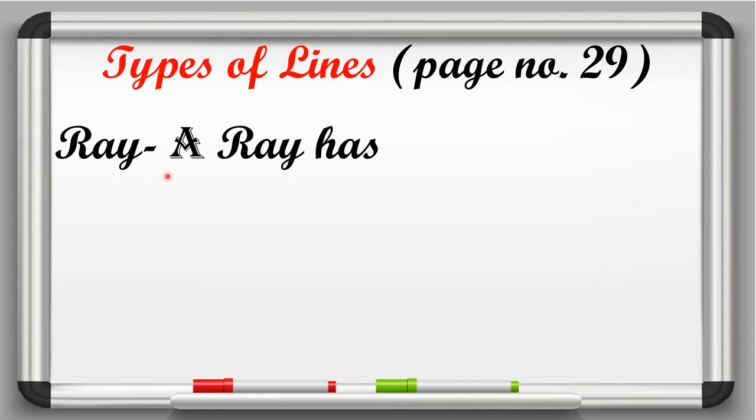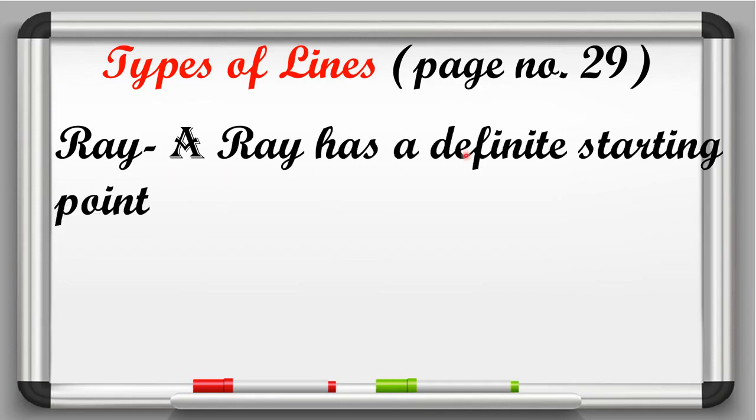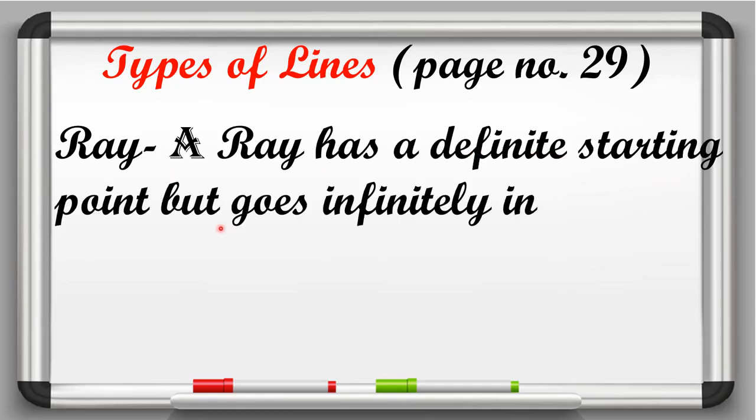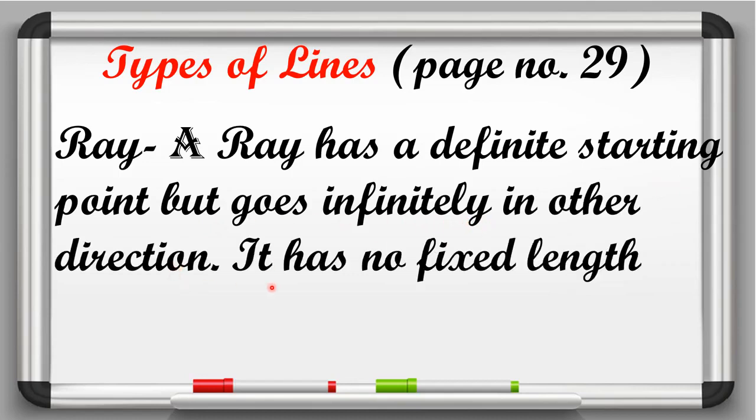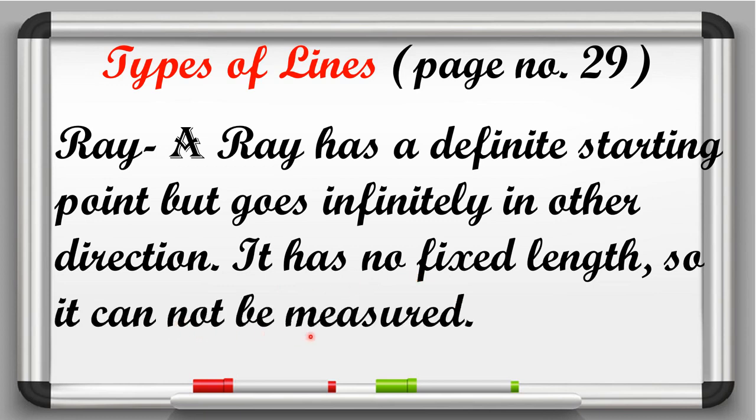Now next one is ray. A ray has a definite starting point but goes infinitely in other direction. It has no fixed length, so it cannot be measured. What is a ray, beta? Ray means किरण.